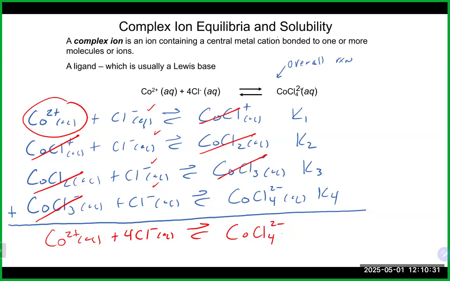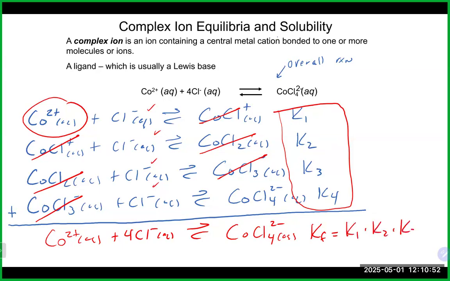Now, if I wanted to get the Kf for this, what do I do with all these K values? Do I add them, multiply them, divide them? When we add reactions, K values get multiplied. So if you wanted the Kf here, you would multiply all those K values together.